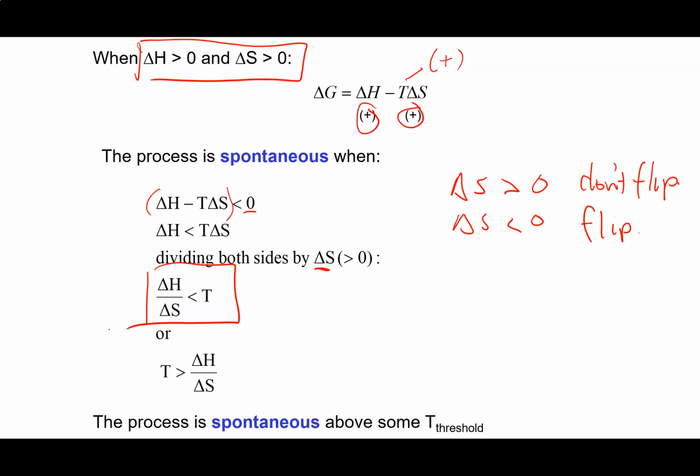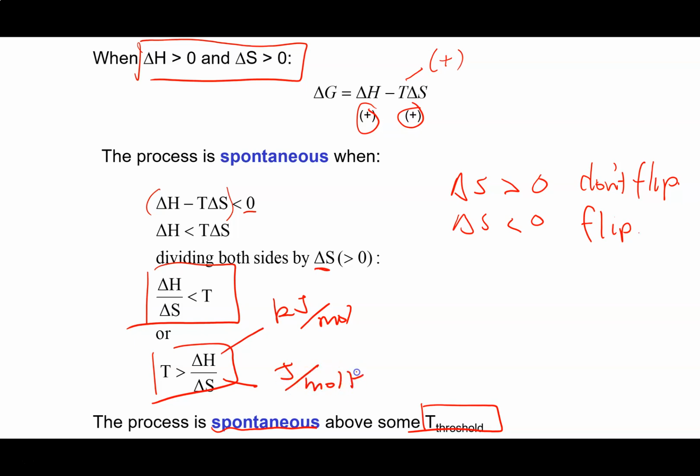So what I've concluded is that this process will be spontaneous when the temperature is greater than delta H on delta S. That is, when both the enthalpy and entropy are positive, the process is spontaneous above a threshold temperature, and that threshold temperature can be calculated by taking delta H on delta S. I do just want to point out that delta H is commonly given in kilojoules per mole, and delta S is often given in joules per mole per degree Kelvin.